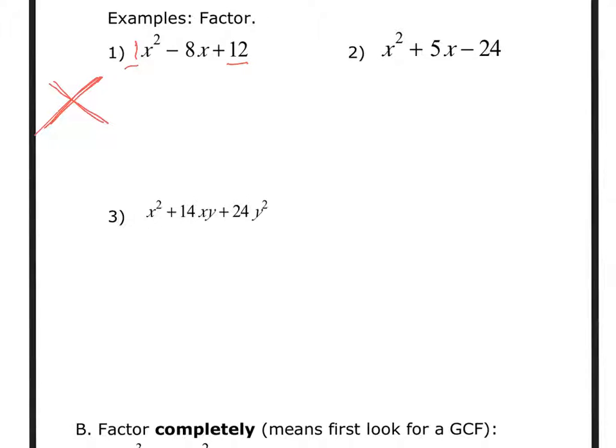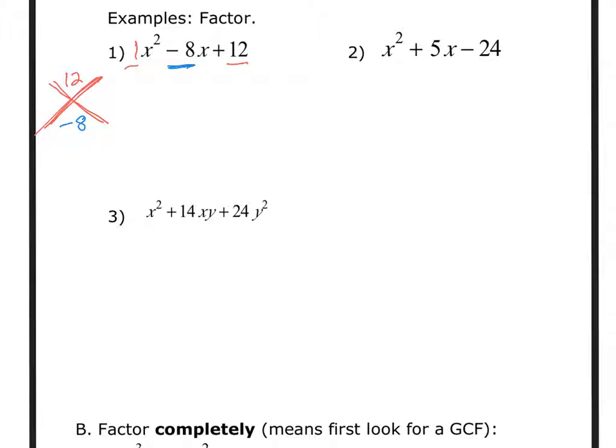That product, 1 times 12, gives me 12, and I put it up here. Then I take that middle term, negative 8, and put it down here.